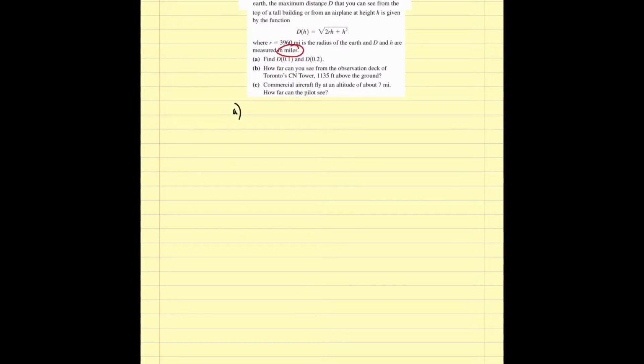So d of 0.1, let's check that. This is really just plugging in these values. So d of 0.1 is going to be 2 times the radius, which is given, times 0.1 plus 0.1 squared. I already worked these out. These are calculator problems, and we'll get into calculator entry more and more as we go. But right now I just want to look at these solutions. So 28.1 miles is what I got.